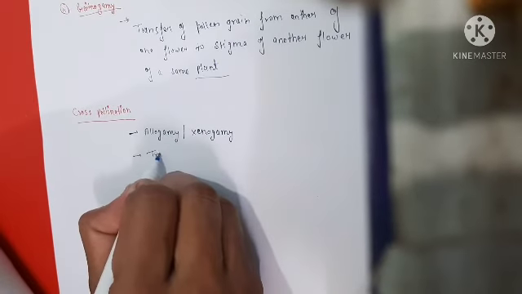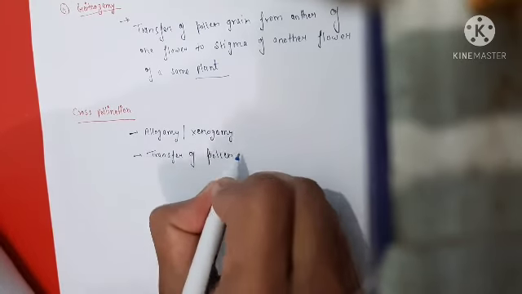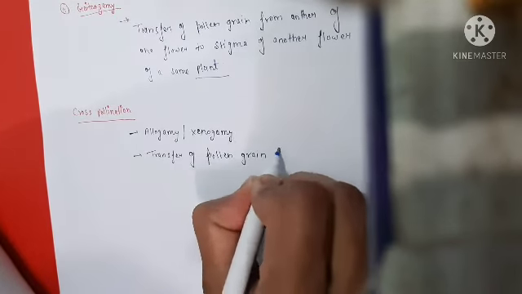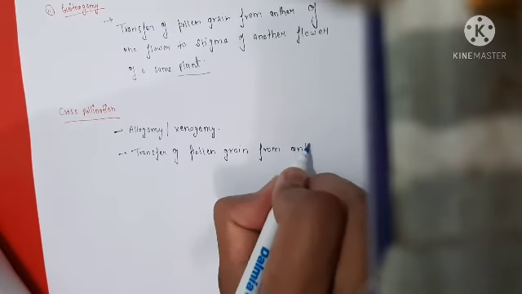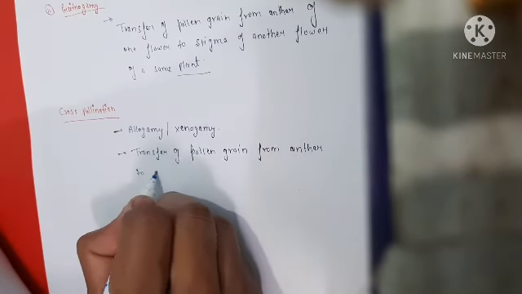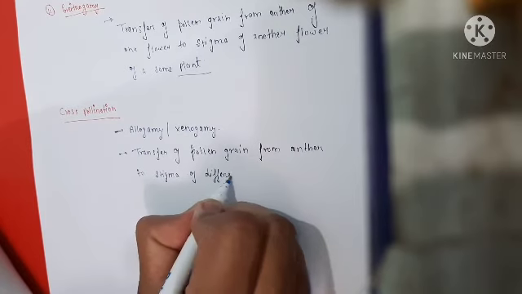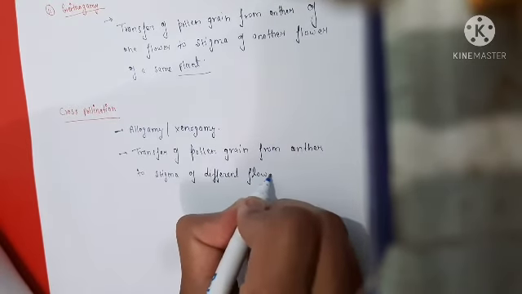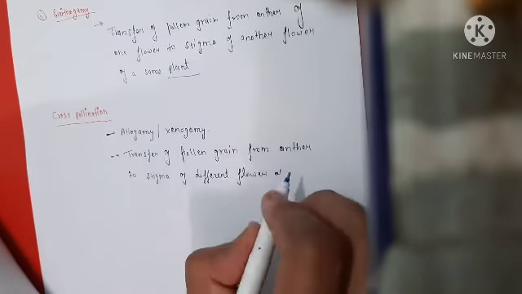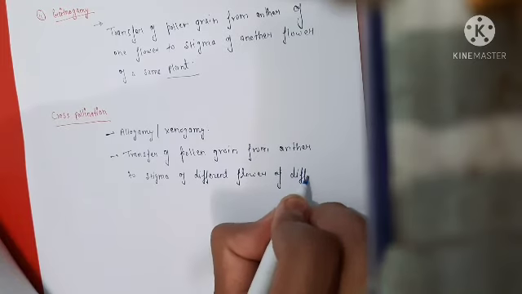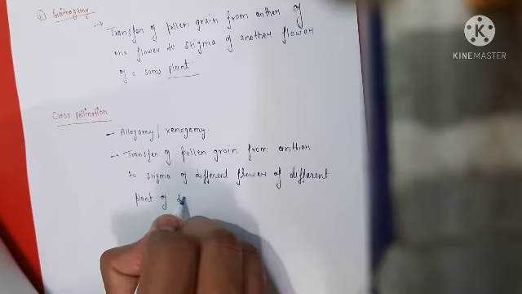Here what will happen? Transfer of pollen grain from anther to stigma of a different flower of a different plant of the same species.